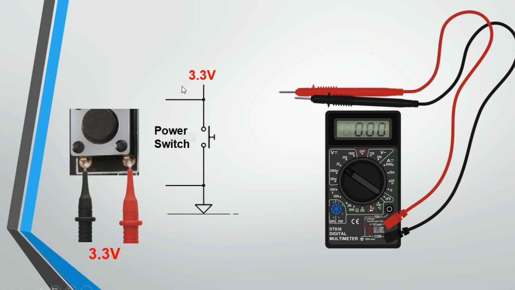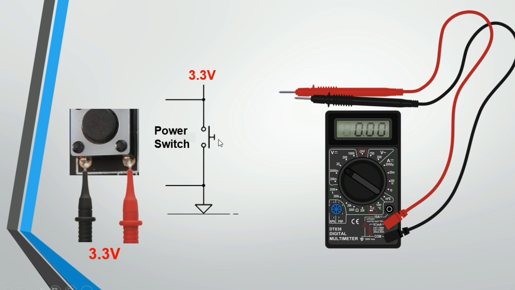As you see, this is the schematic of the power button. This is the high terminal, and this is the low terminal that is connected to the ground. When you check the power button using the multimeter, you will find 3.3 volts here.